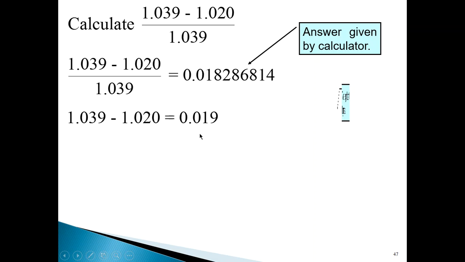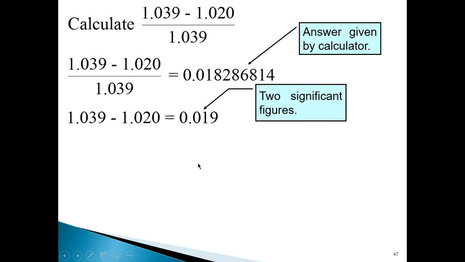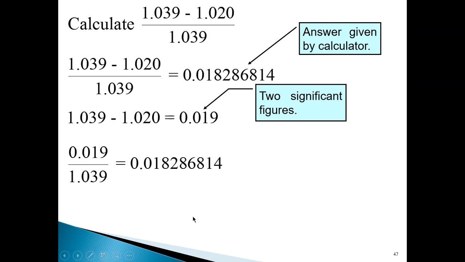It turns out that this number is also expressed to two significant figures. So that means we have to now divide this number by the denominator down here. So when we set it up, this is what you get on your calculator screen. Remember, when you're dividing or multiplying, you round off your answer to the lowest number of significant figures of the numbers involved in the operation.